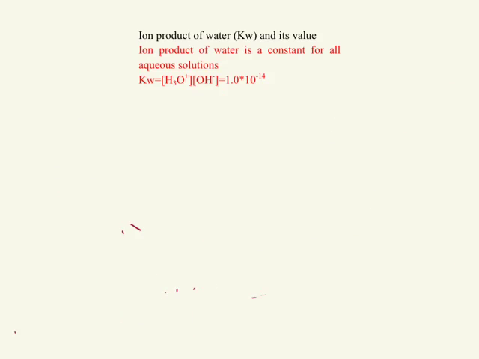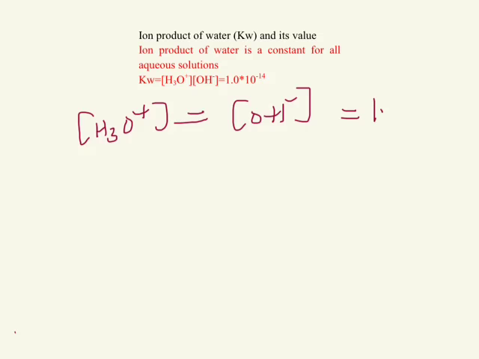In pure water, the concentration of H3O+ is equal to the concentration of OH-, which is equal to 1.0 times 10 to the negative 7th molar at 25 degrees Celsius.